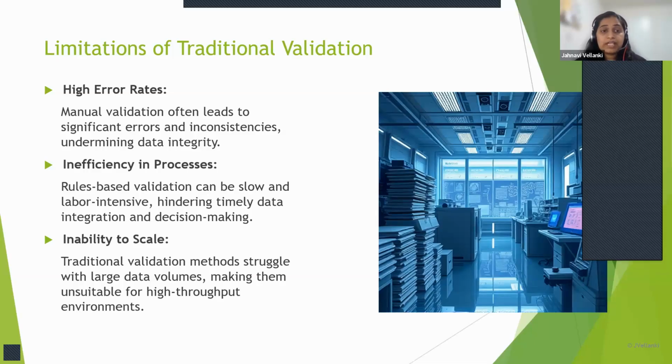And since it's a rule-based validation system, you would have a labor-intensive approach. Then the inability to scale: as mentioned, when a larger volume of data sets is involved, it means enhancing the rules, adding more resourcing and more time, and it adds up to the project scale quite a bit.